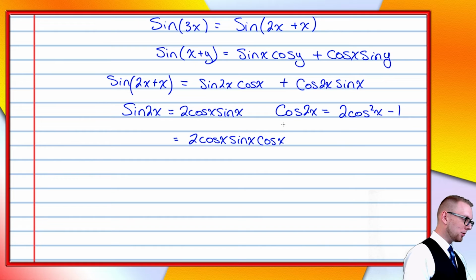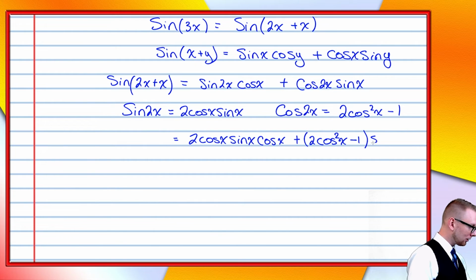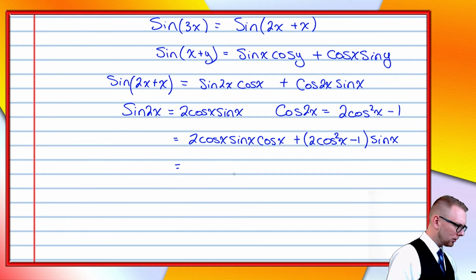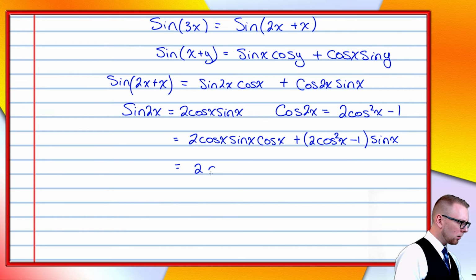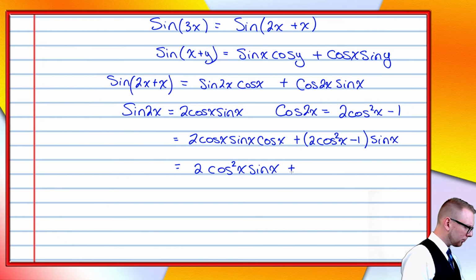And then our cosine of 2x sine x is going to become 2 cosine squared x minus 1 times sine x. Well, let's take a look here and combine some things. This will be 2 cos squared x sine x. This will be plus 2 cos squared x sine x. And then we've got a minus sine x.